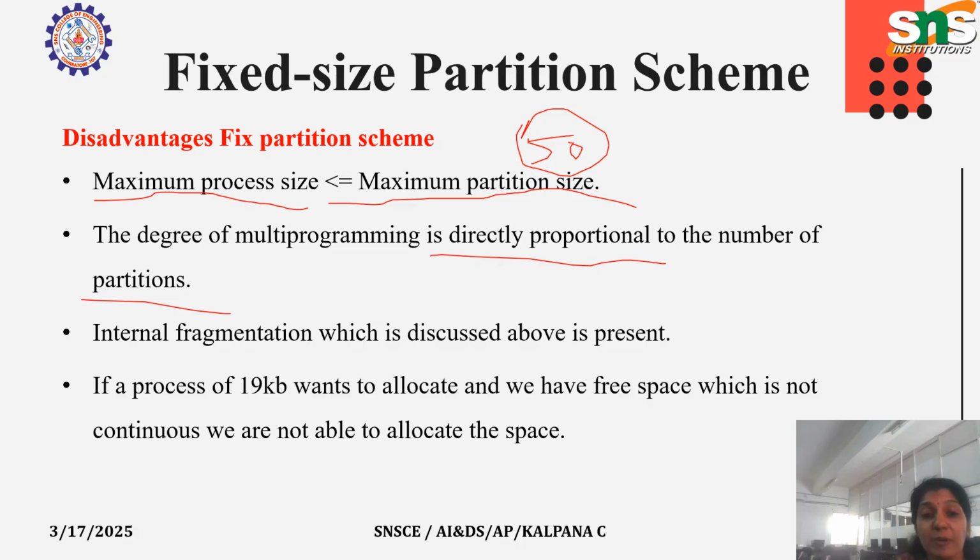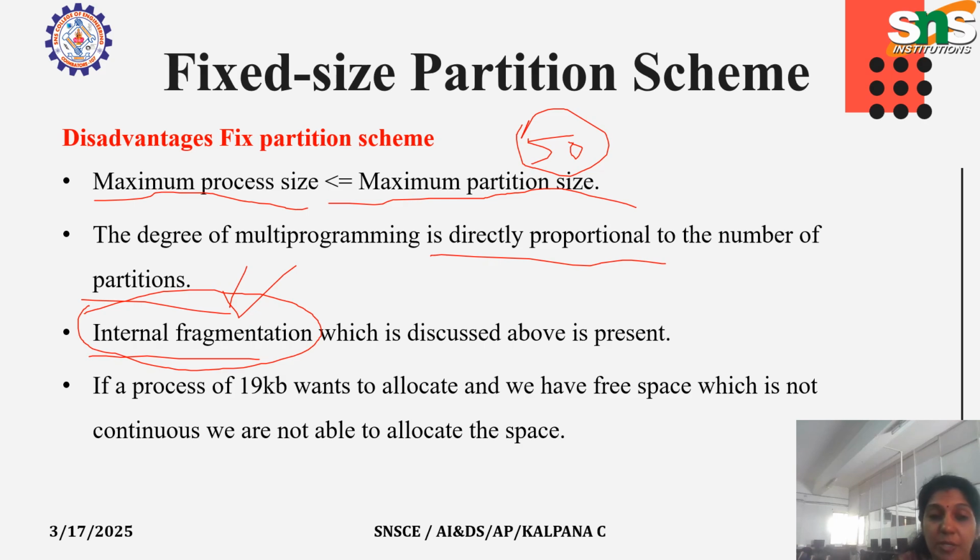And next is internal fragmentation, which we have discussed in the previous lecture itself. For each and every block we see some empty free spaces available, and we cannot use that free space for an upcoming process. So that is a very big disadvantage of this fixed partition. That we call internal fragmentation.